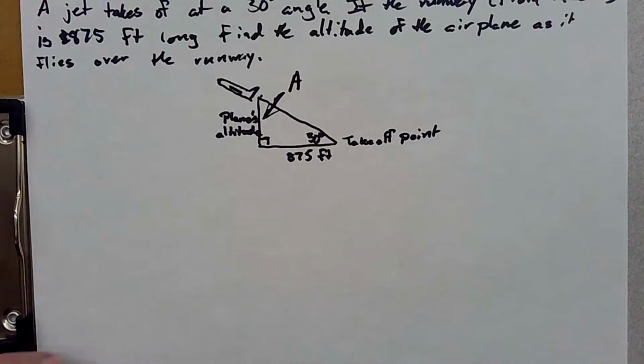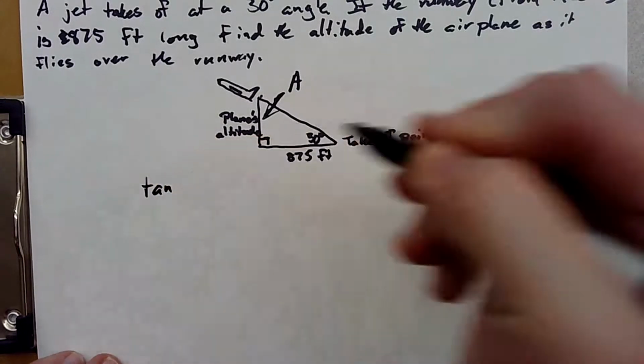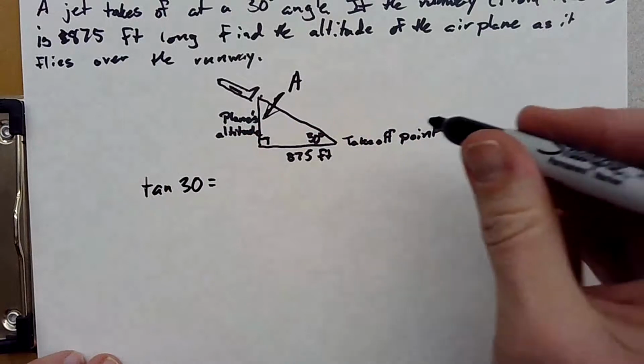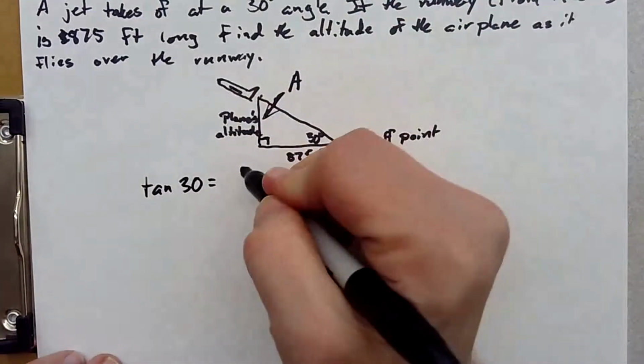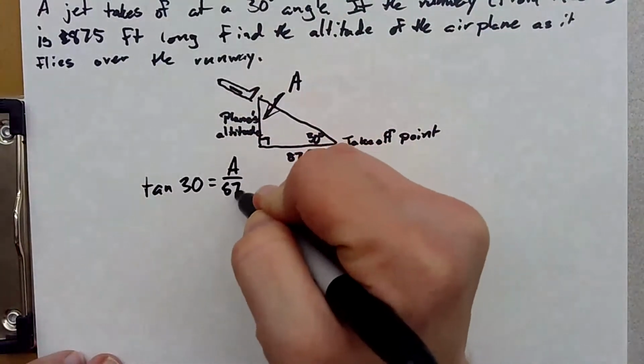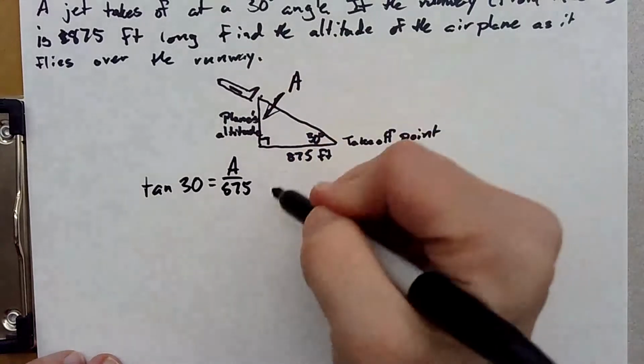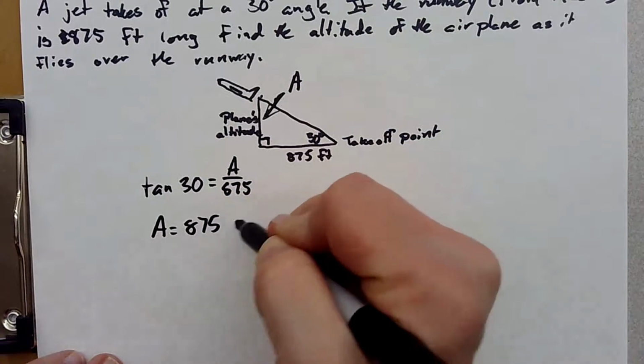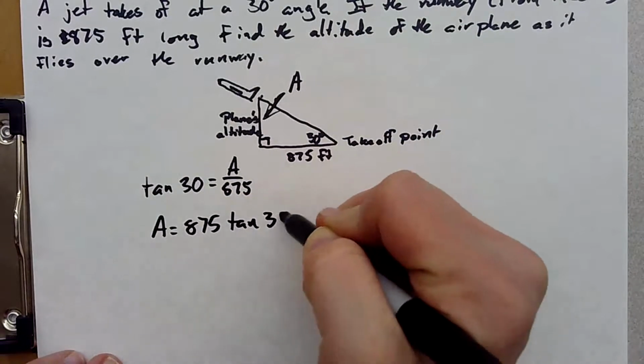Okay, so easiest thing to use here is the tangent. We know that tan of 30 is equal to A over 875. So A equals 875 tan 30.